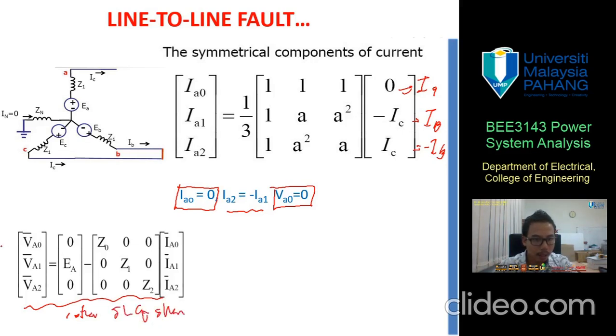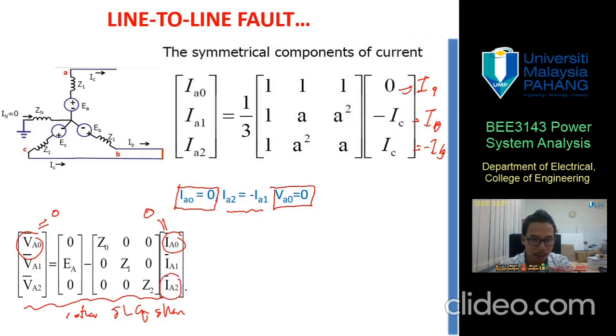Then we have the case here. What you're going to do is replace the values mentioned here. For example, IA0 equals 0, VA0 equals 0, and IA2 equals minus IA1.